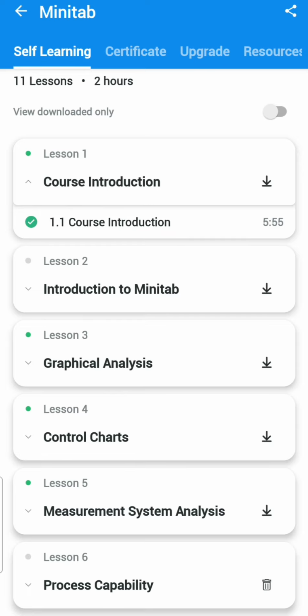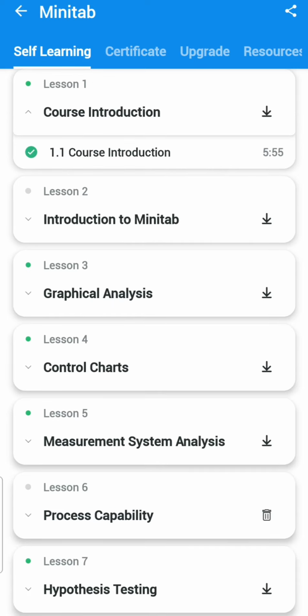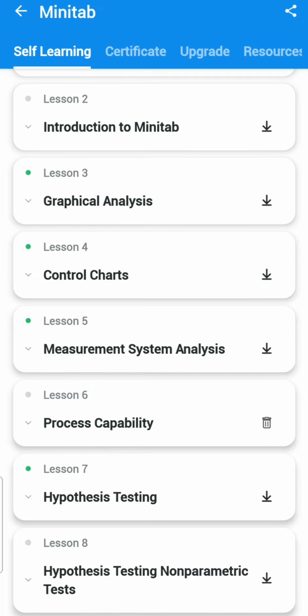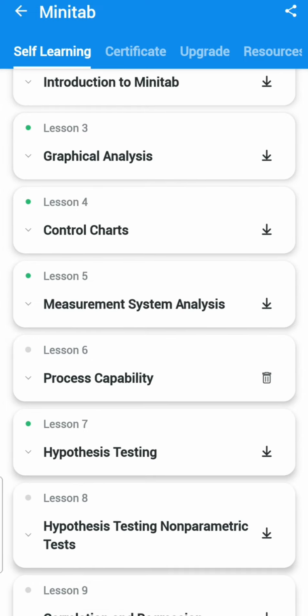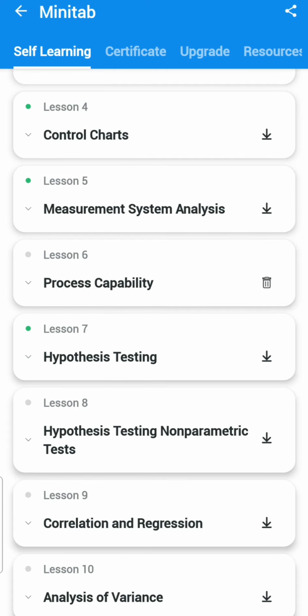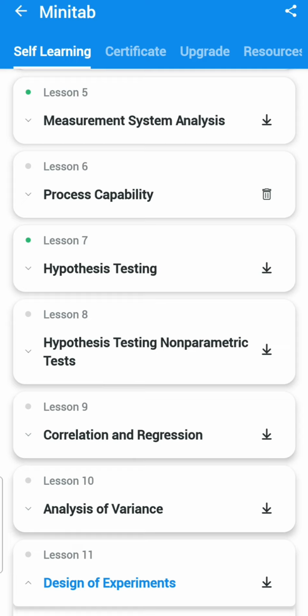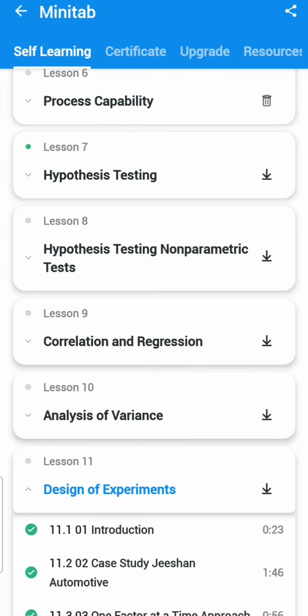One is course introduction to Minitab, graphical analysis, control chart, MSA, and process capability, which is fabulously explained. The process capability for normal data, non-normal data, and discrete data, like Poisson distribution, binomial distribution, is very well explained. Hypothesis testing is also well explained, with non-parametric and parametric tests, and correlation and regression up to multiple regression.